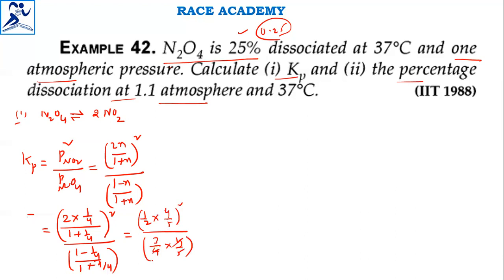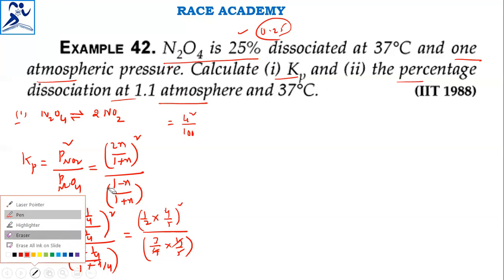So finally this has become equal to 4 square by 100, or you can say 10 square.